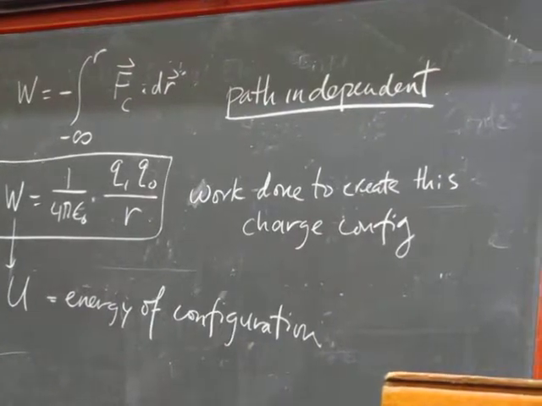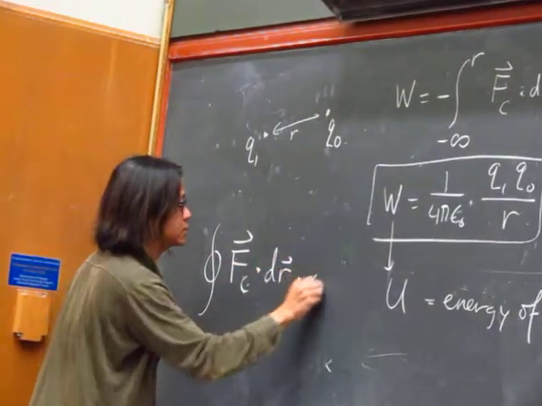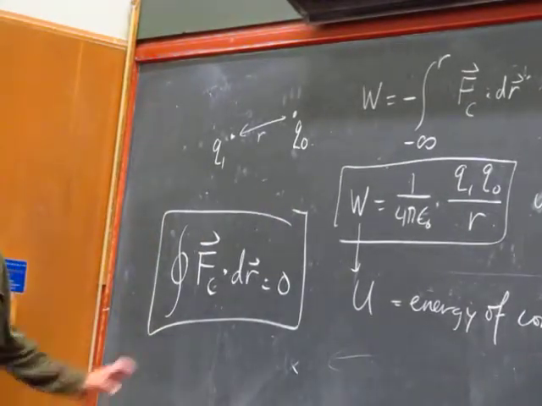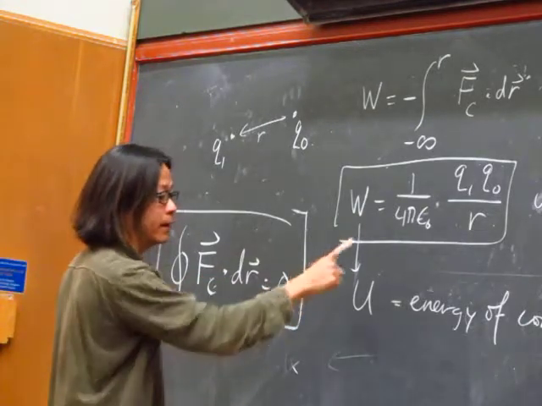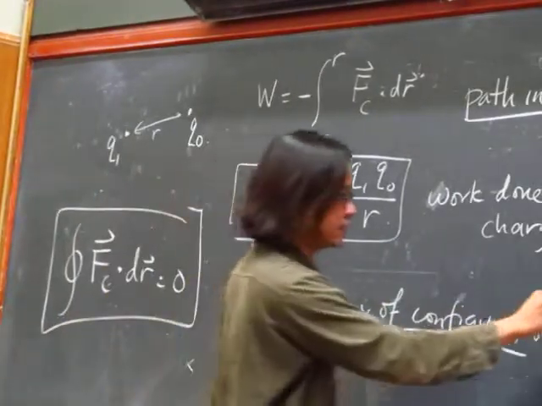Therefore, if I look at this integral, this is an aside for later. This is the energy of the configuration, and if I plot it, it looks like this.